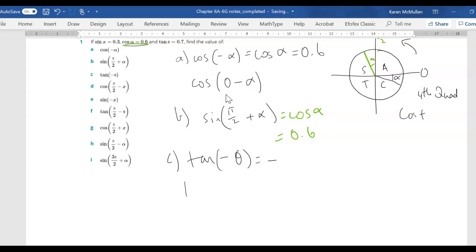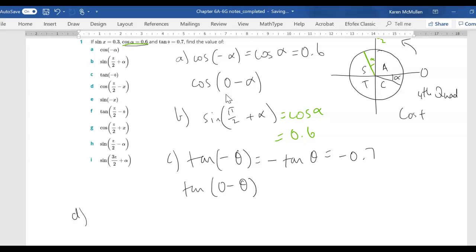This is the same as tan of 0 minus theta, just different angles. So that is equal to negative tan theta, which is equal to negative 0.7. So just figure out which quadrant you're in and then work out your answer.